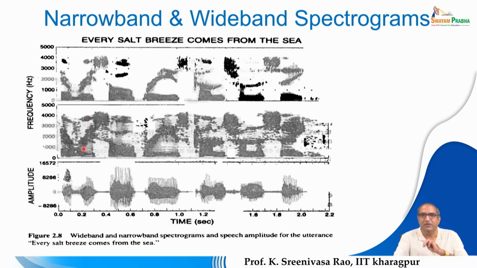So there are three types of information in the spectrogram: the timing information, the frequencies present at a given instant, and the strengths, or energy, of the various frequency components.